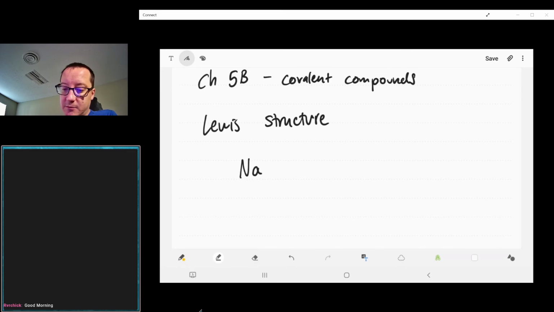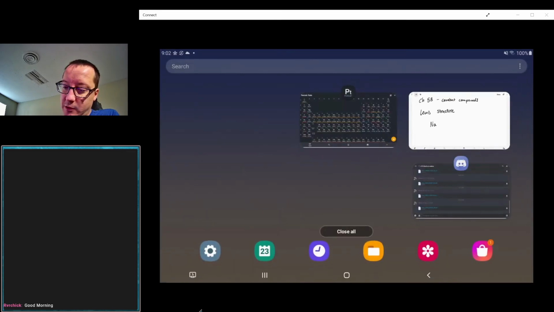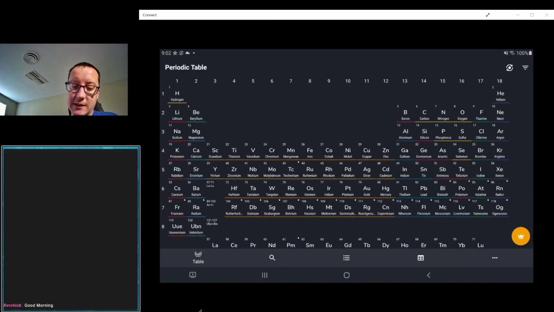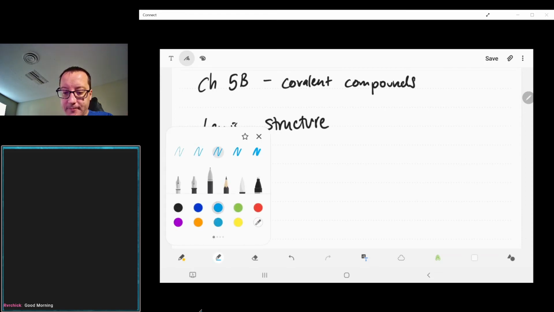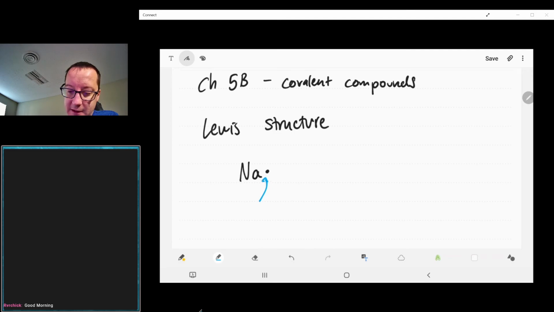So if we look back at where sodium is on our periodic table, it is in group 1A, of course. As a result, we're expecting it to have one valence electron. And we display that with a little dot. So this here is our valence electron. And that's going to be a part of all of our Lewis structures.